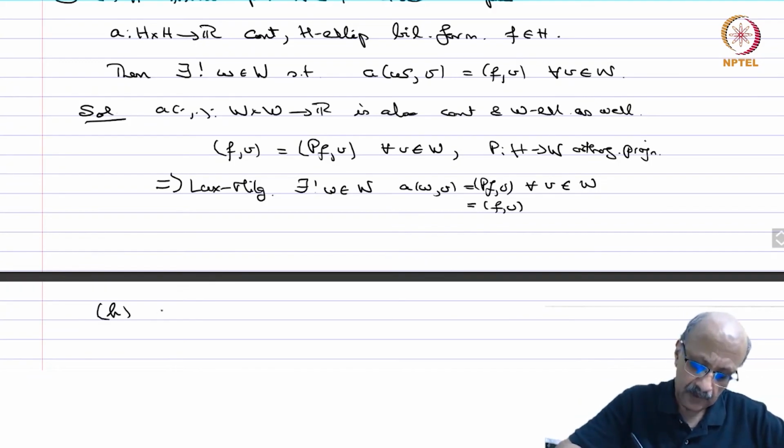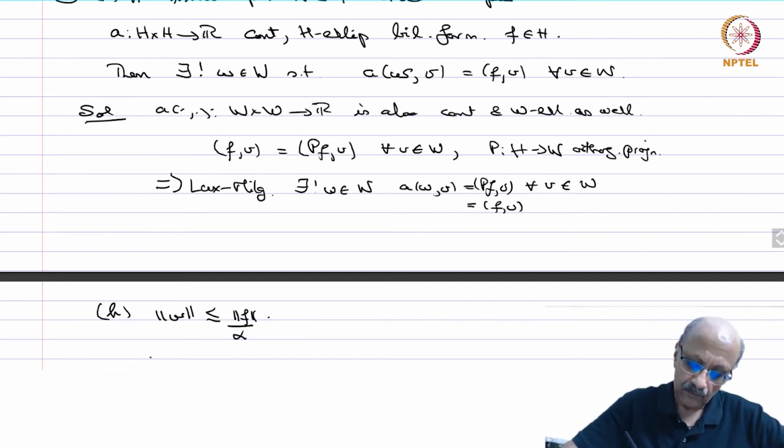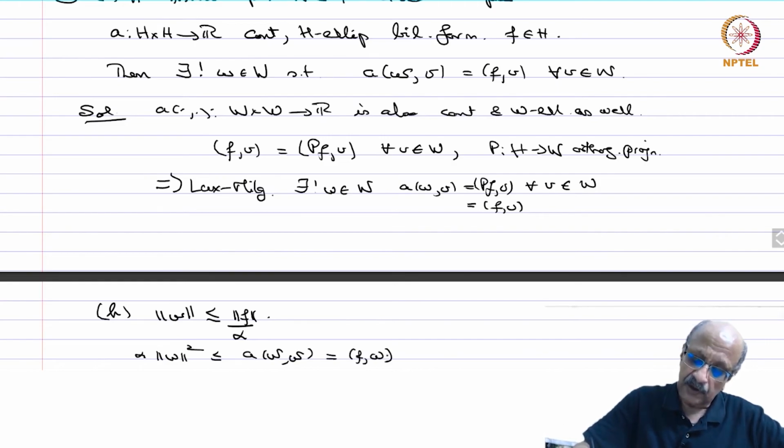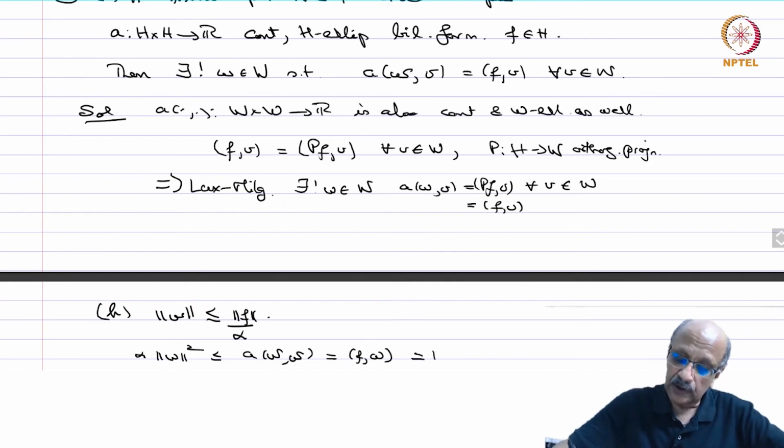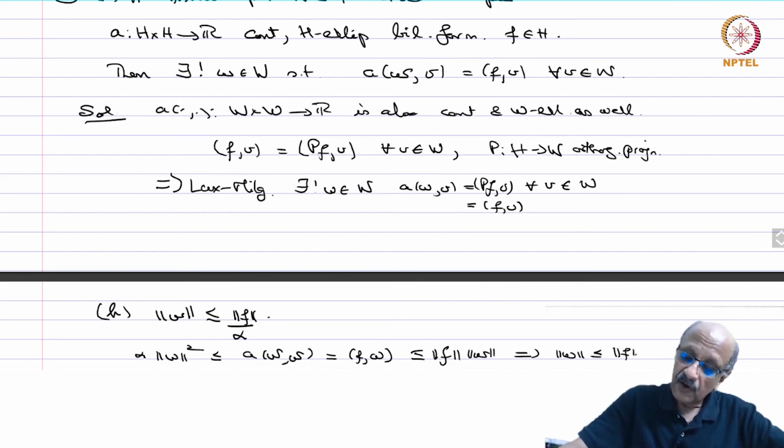B: norm of w, the solution, is less than or equal to norm F by alpha. So alpha times norm w square is less than or equal to a(w, w), that is the ellipticity condition, and this is equal to F(w) because it solves the equation, which is by Cauchy-Schwarz less than or equal to norm F times norm w, and therefore this shows that norm w is less than or equal to norm F by alpha.